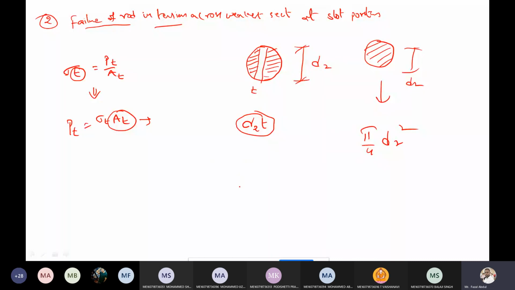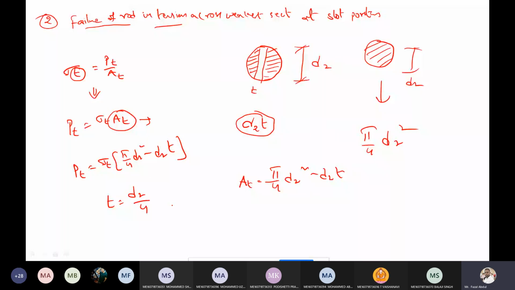Now based on this concept, the failure area for this diagram is pi by 4 into d2 square minus d2 into t. Okay, write this equation here. Pt equal sigma t into pi by 4 into d2 square minus d2 into t. Now t is the thickness of the quarter, it is d2 by 4. So if I write here, Pt equal sigma t into pi by 4 into d2 square minus d2 into d2 by 4.